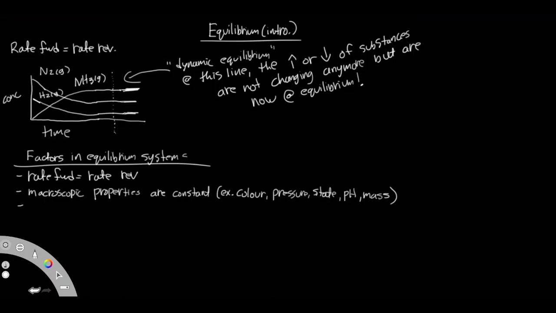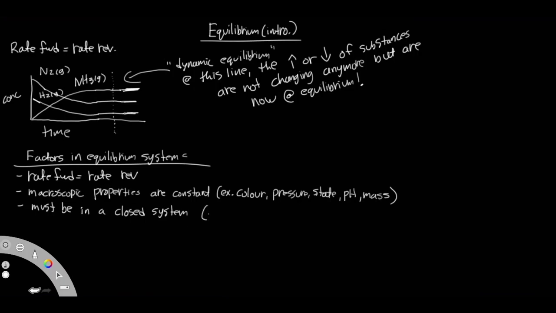Next, it must be in a closed system. Okay, to be considered in equilibrium, just to make sure that there's no matter being lost. Okay, obviously we don't want energy to be lost either, but that's going to be quite different.